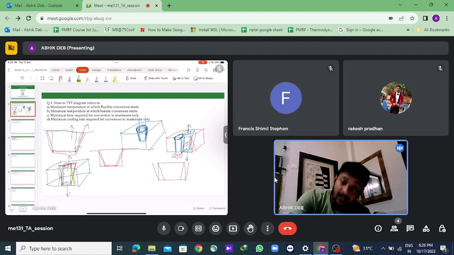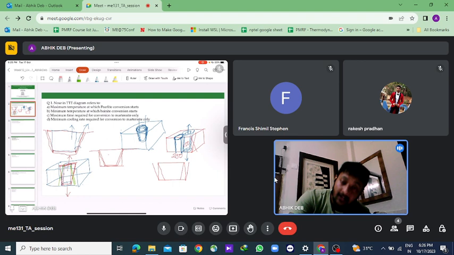Okay, so here we also need to give the shrinkage allowance. For the internal cavity, we will be reducing for the shrinkage allowance, isn't it? For shrinkage allowance, inside the cavities you have to increase the dimensions. That is, if the cavity was supposed to be like this, then with the shrinkage allowance it will be like this.